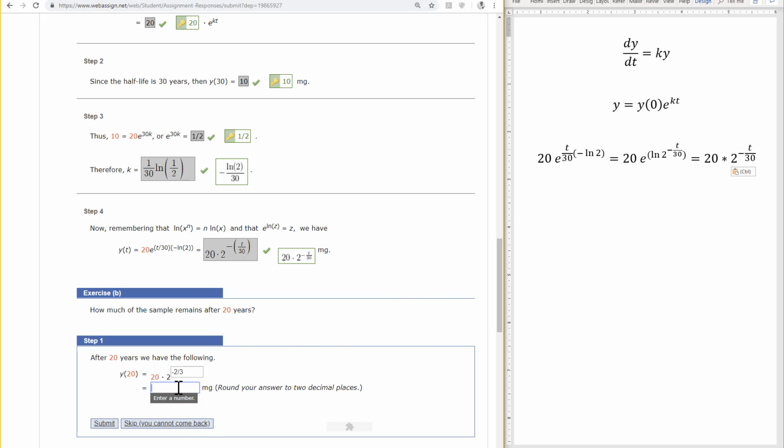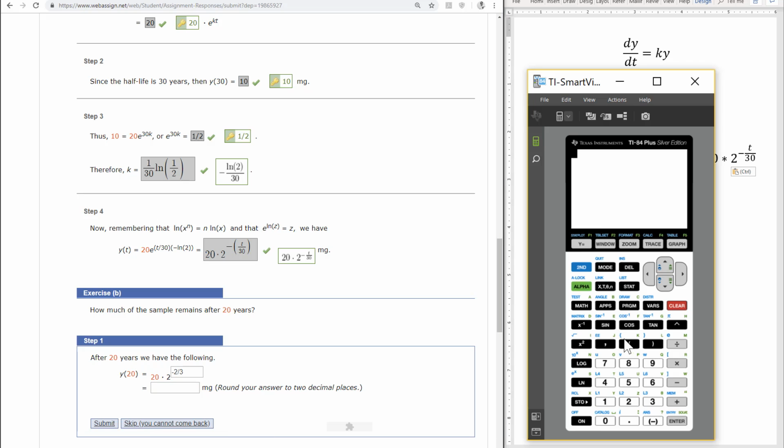And then they want us to put that in our calculator, so let's take our calculator out. So we have 20 times 2 raised to the negative, oops, let's be careful with the negative, negative 2 divided by 3.